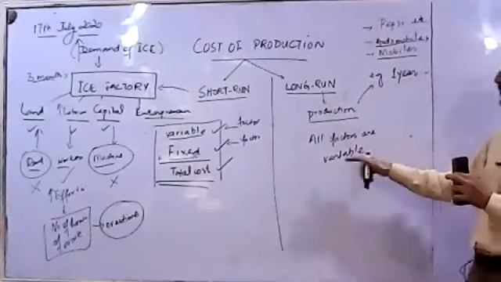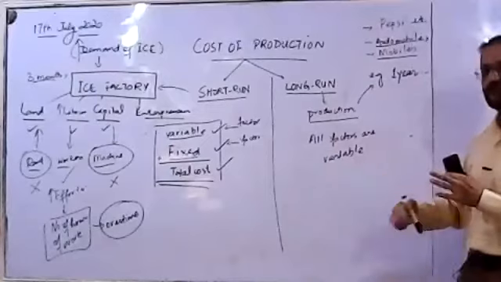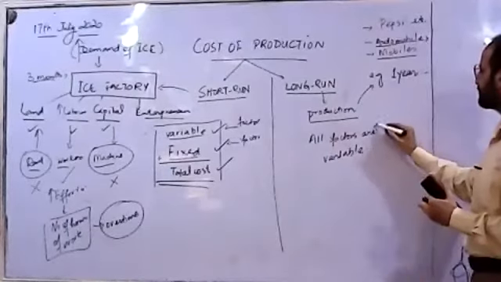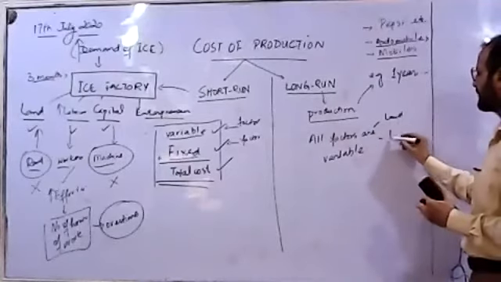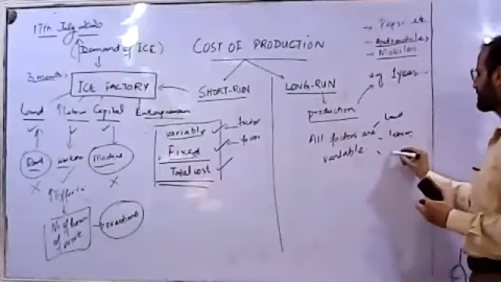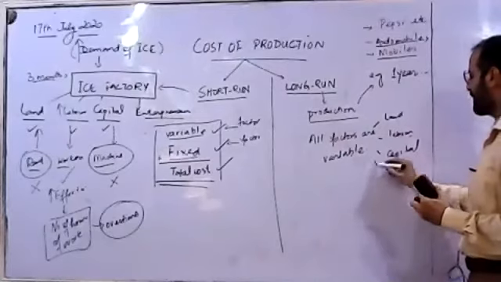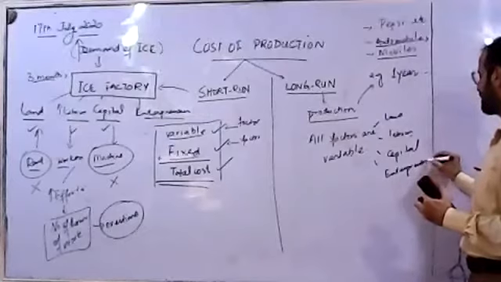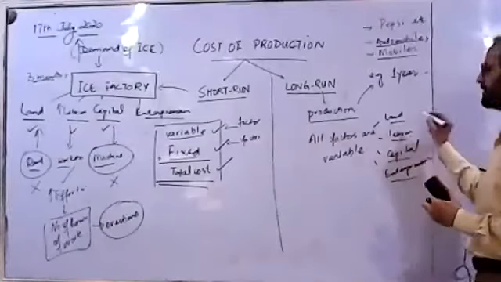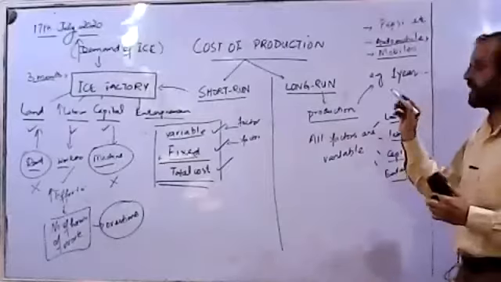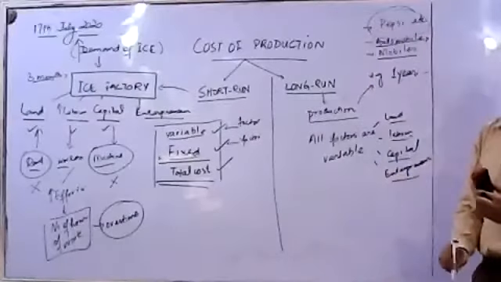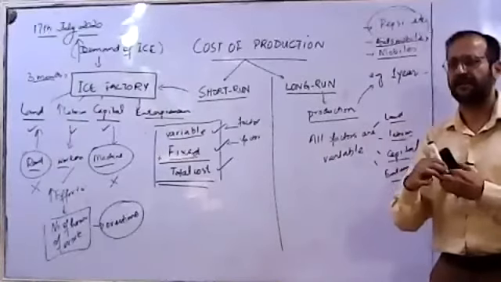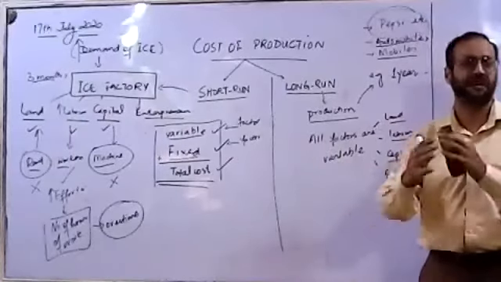Now, how do you think that all of the factors are variable? Variable means that if we talk about land, labor, capital, and entrepreneurs, we may see that their demand will increase. Let's take the example of Pepsi once again. If Pepsi's demand is increasing, can we see that there is an increase in Pepsi across the whole of Pakistan?